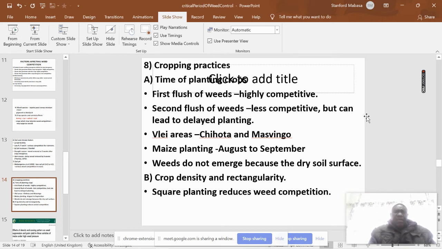Crop density and rectangularity. Now, it is possible to eliminate weeding altogether by manipulating crop density and rectangularity. For example, there's what we call square planting, which can actually reduce weed competition.